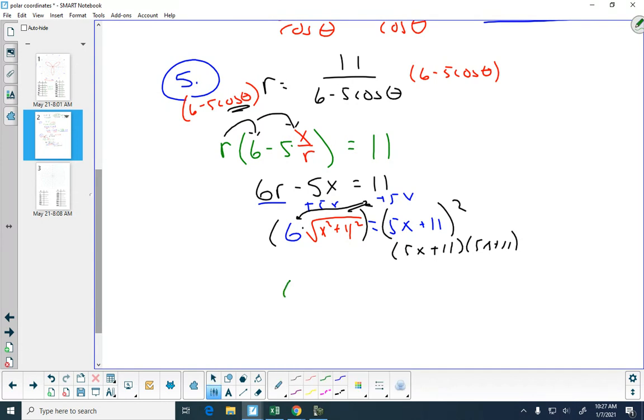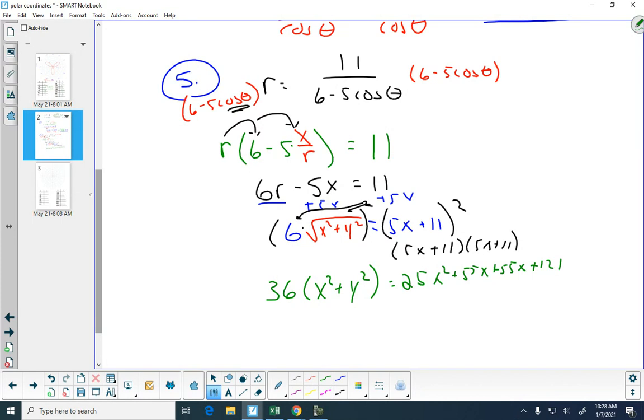So we're left with 36 times x squared plus y squared, because we have to take 6 squared. And on the right-hand side, FOILing this out, we have 25x squared plus 55x plus 55x plus 121.